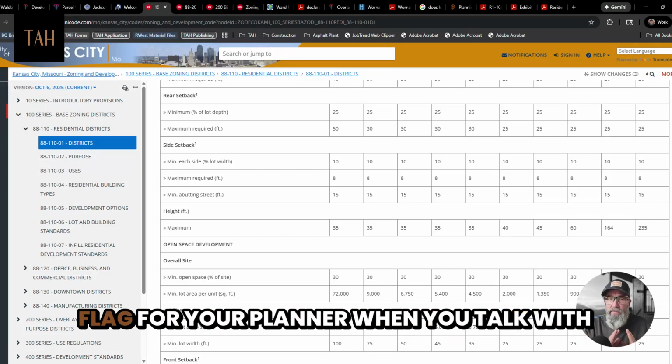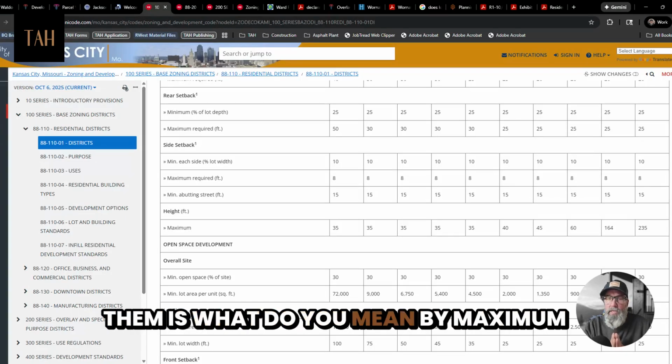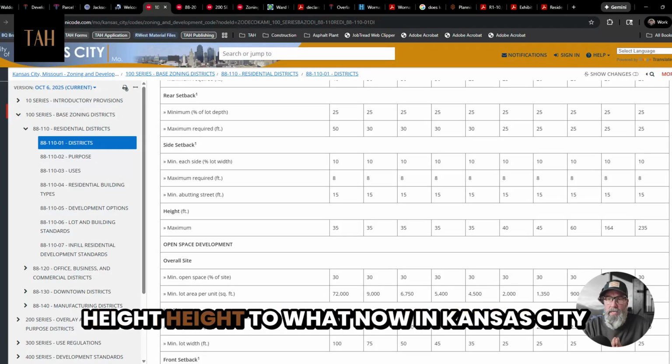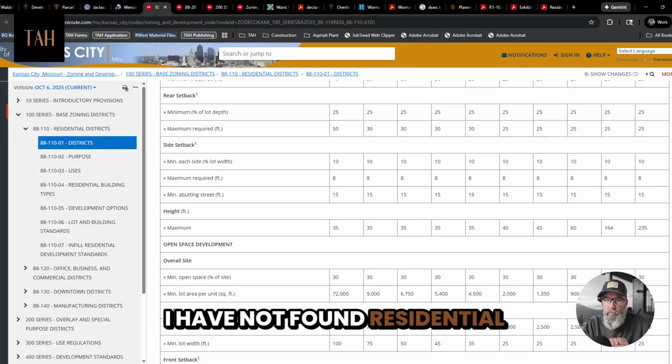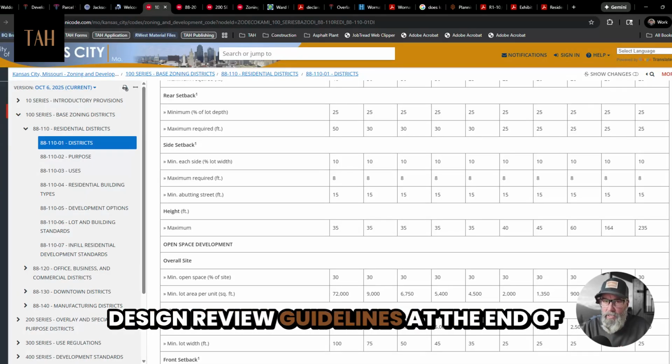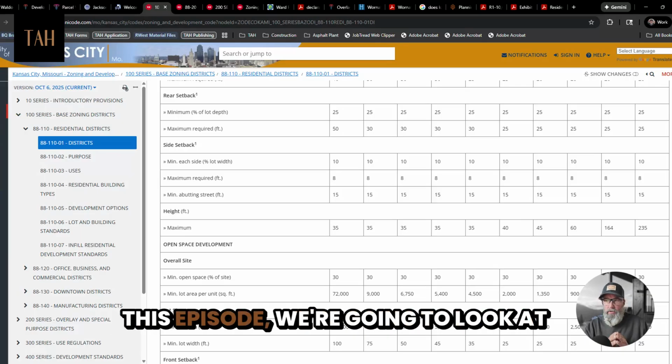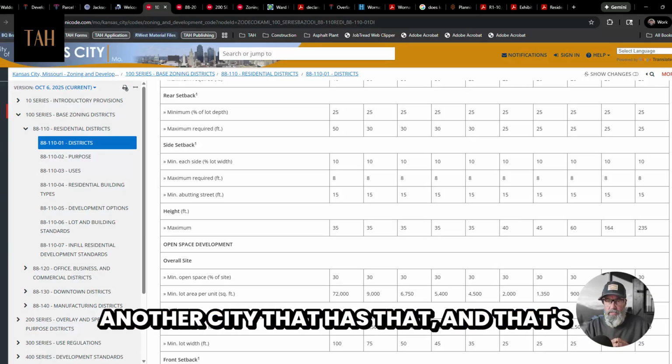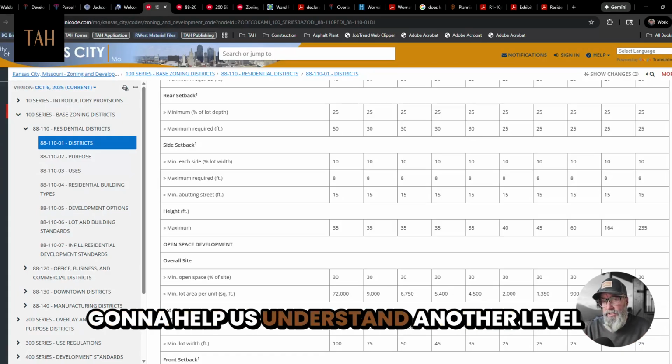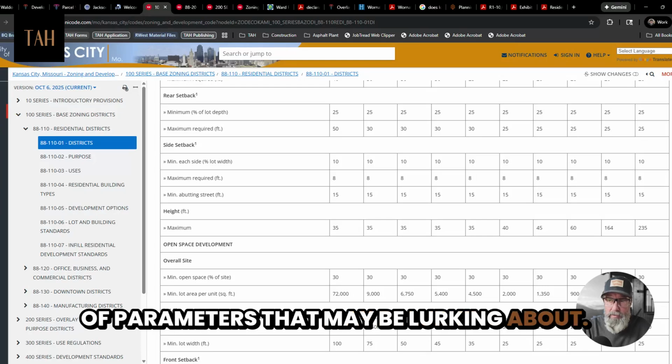So that's another flag for your planner when you talk with them: what do you mean by maximum height? Height to what? Now, in Kansas City, I have not found residential design review guidelines. At the end of this episode, we're going to look at another city that has that, and that's going to help us understand another level of parameters that may be lurking about.